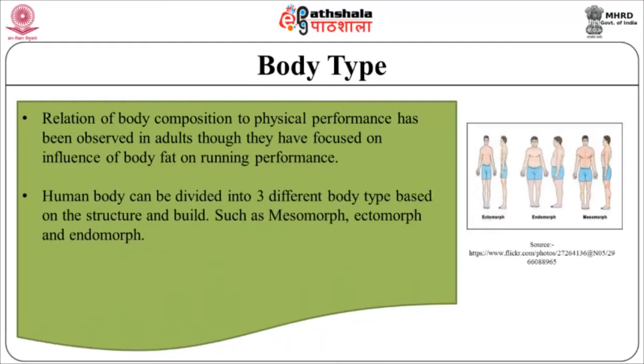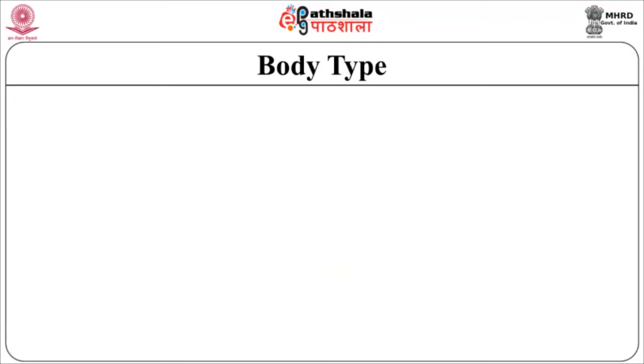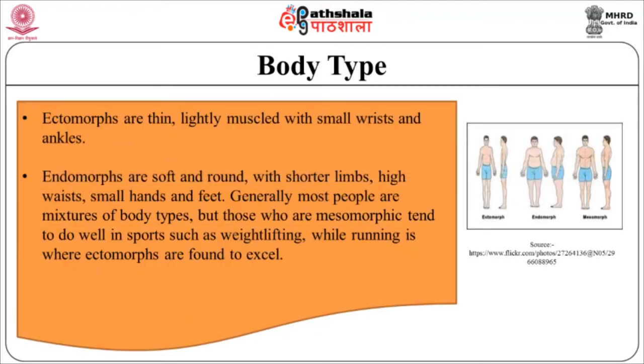The human body can be divided into three different body types based on structure and build: mesomorph, ectomorph and endomorph. Now, mesomorphs are large boned and have highly defined muscles with a low narrow waist. Men are rectangular and women are hourglass shaped. Ectomorphs are thin, lightly muscled with small wrists and ankles.